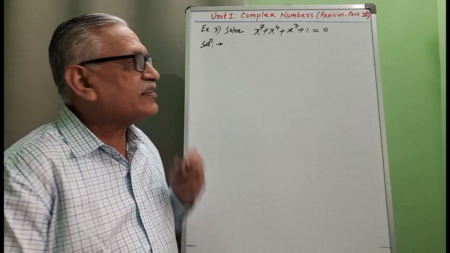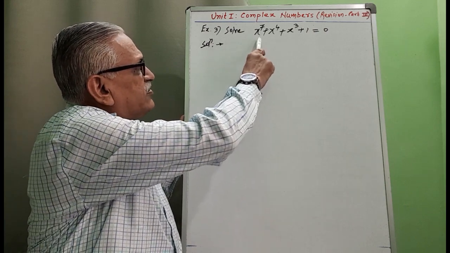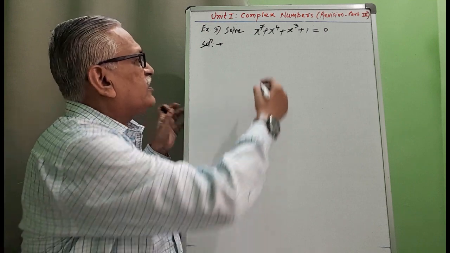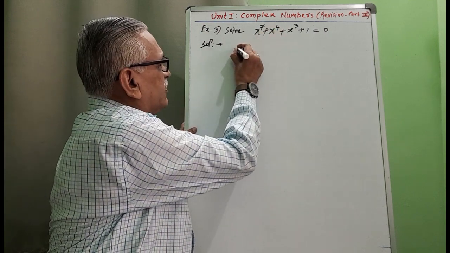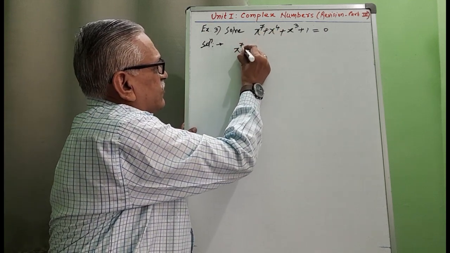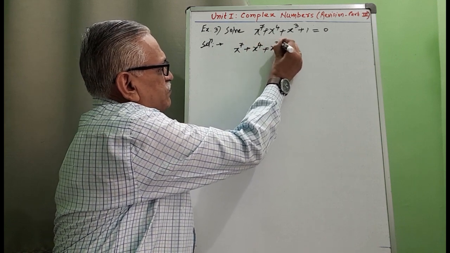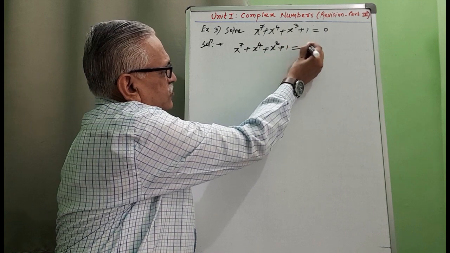Last example, third example. Solve the equation x raised to 7 plus x raised to 4 plus x cube plus 1 equal to 0. To solve it, we consider the given x raised to 7 plus x raised to 4 plus x cube plus 1 equal to 0.